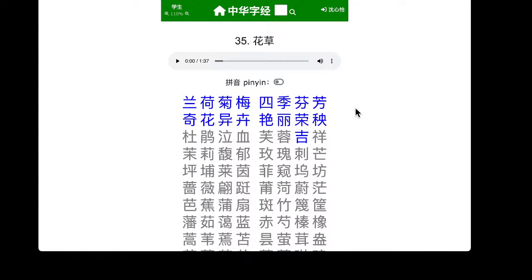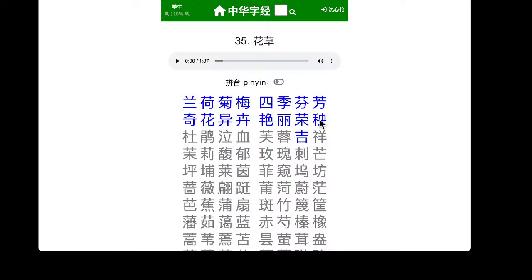And why 四季 is because these 4 plants bloom in different seasons. Like he in summer, 菊 in fall, 梅 in winter, and 兰 in spring.